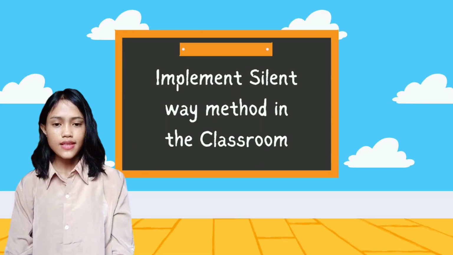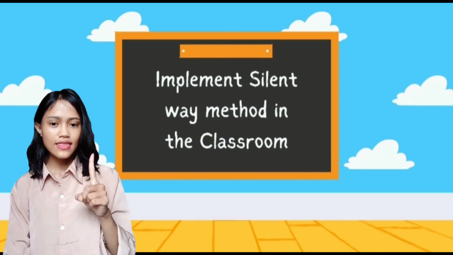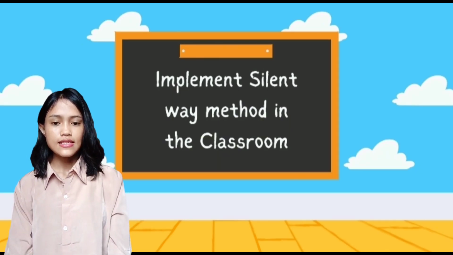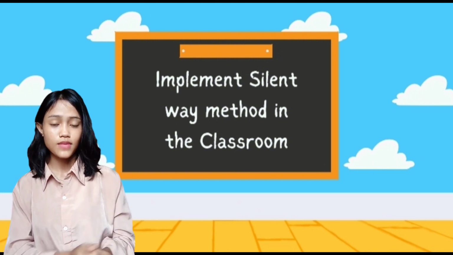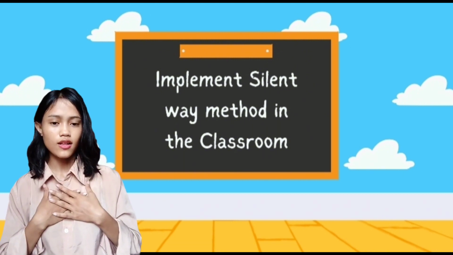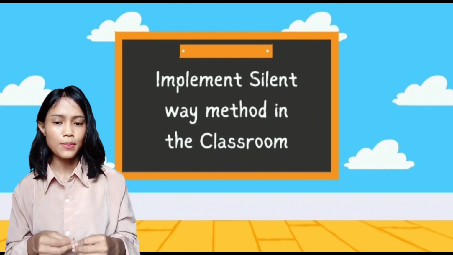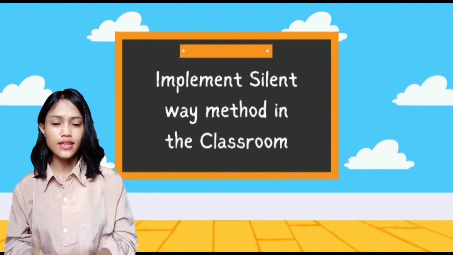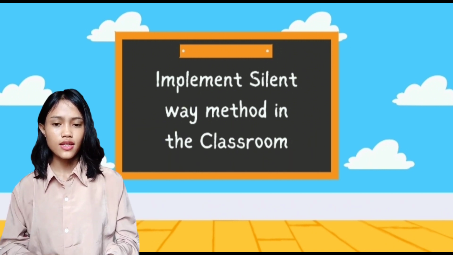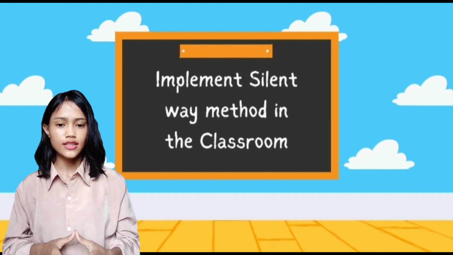To implement the silent way method in the classroom, here are some steps you can follow. One, setting learning objectives. Set clear learning objectives for the session or series of lessons. Two, teacher role as facilitator. The teacher acts as facilitator, providing minimal guidelines, demonstrating the use of visual aids, and giving brief interaction, providing opportunity for students to explore on their own.